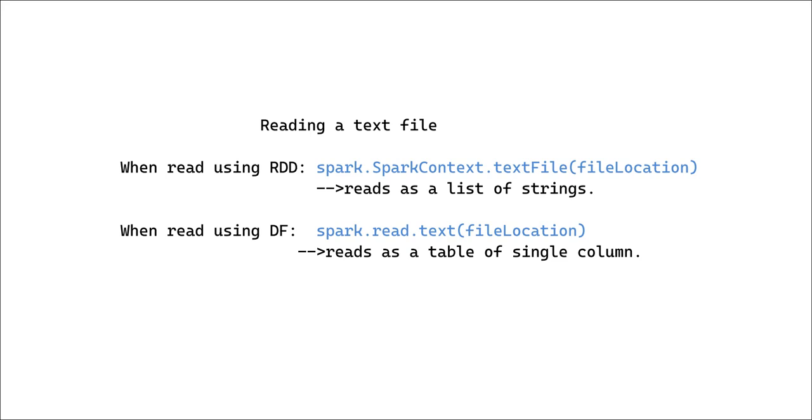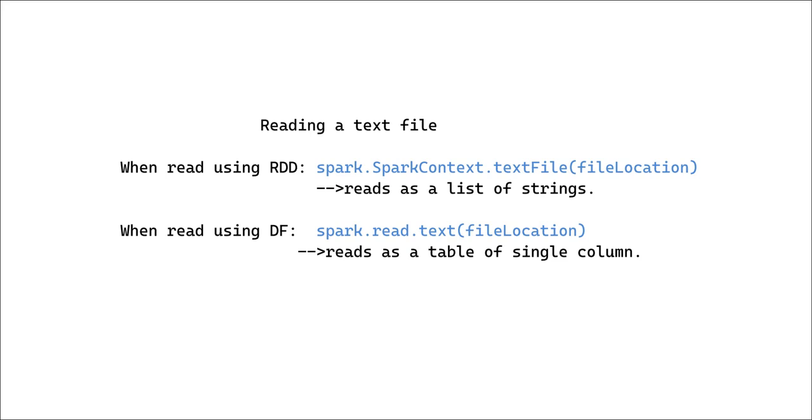I have mentioned this in the past lecture also, but let me mention it here. When you use RDD to read a text file, it reads it as a list of strings, and each string refers to a line of the text file.